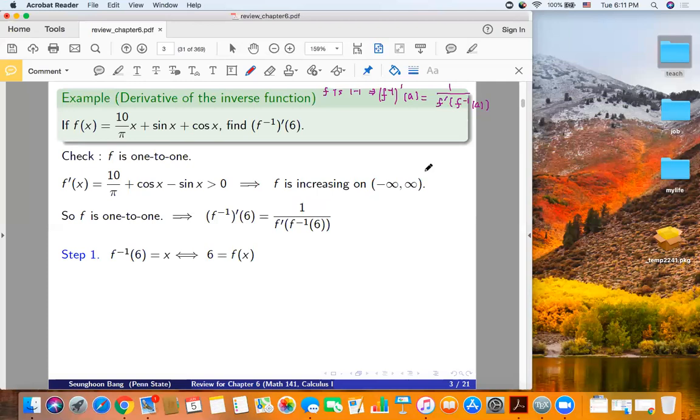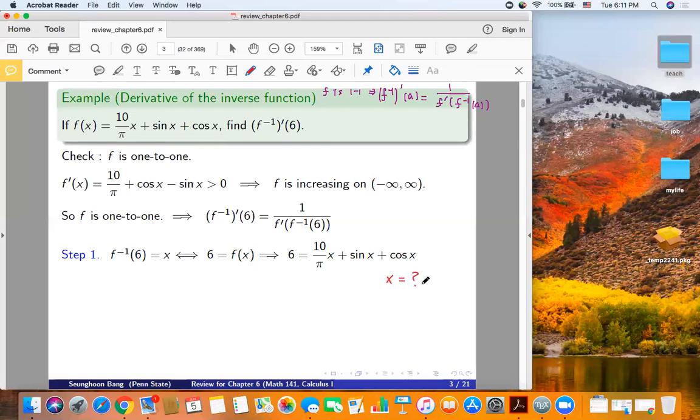This is exactly the same as 6 equals f of x. f of x is 10 over pi x plus sine x plus cosine x. You can plug into f of x that we have. So what is x?